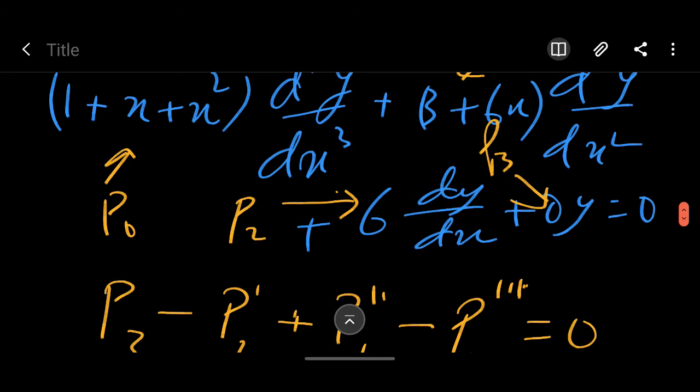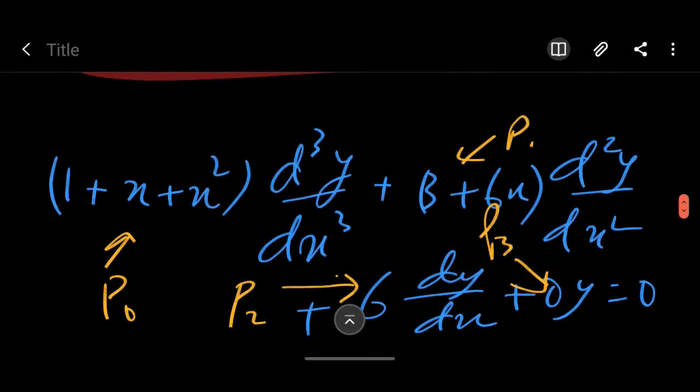So let's see: P3 is 0, P2 is 6, and if we differentiate it, we get 0. And then P1 is 3 plus 6x, differentiated 2 times, and we get 0.